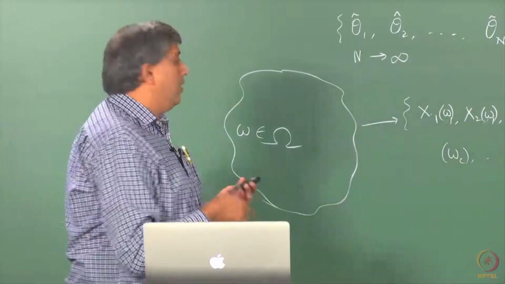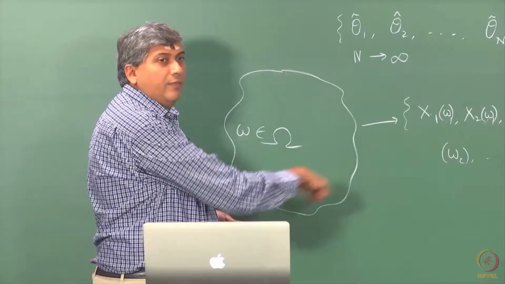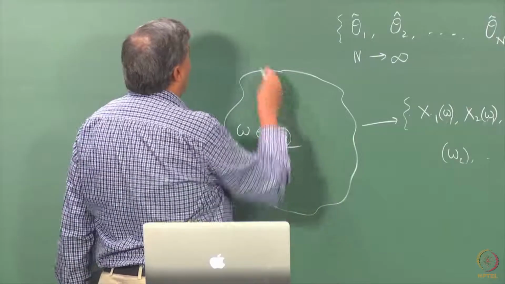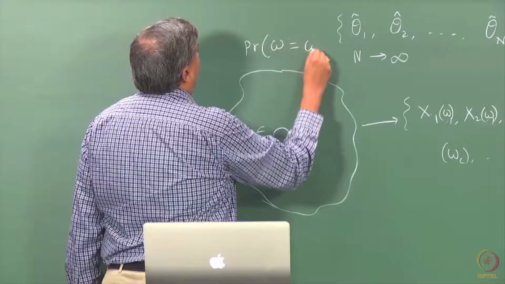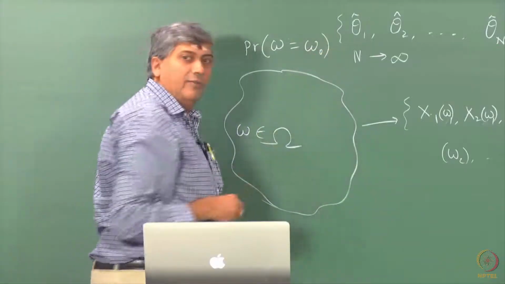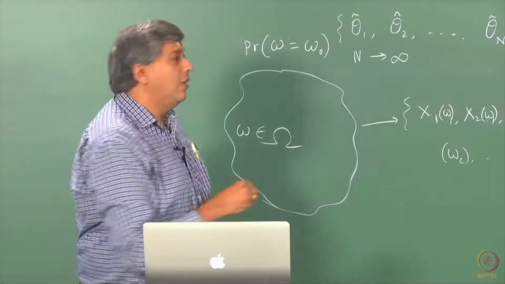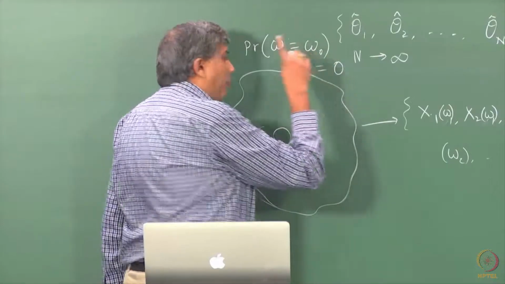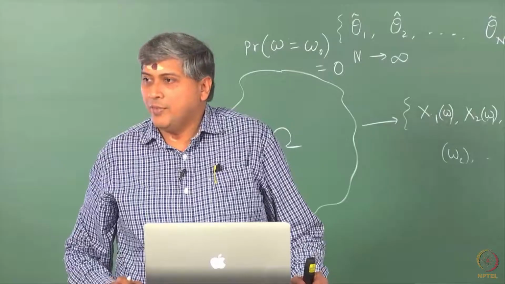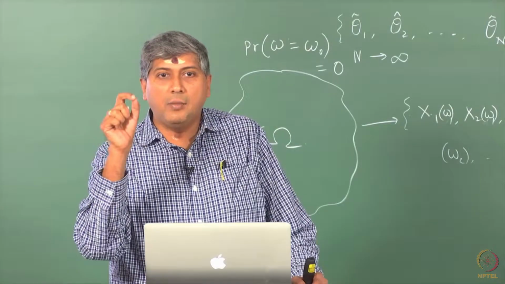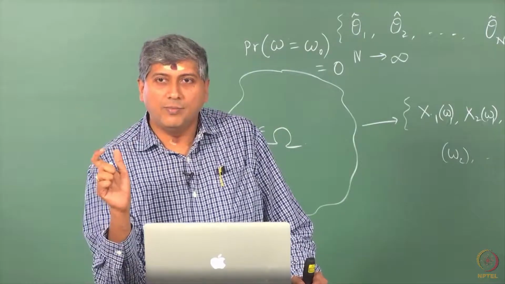So, if I ask you, imagine this to be a continuum, then if I ask you what is the probability that some random variable here corresponds to some possible trigger omega naught, that is 0. From a measure theory viewpoint, because probability is a measure, the probability of the trigger being exactly equal to omega naught is 0.